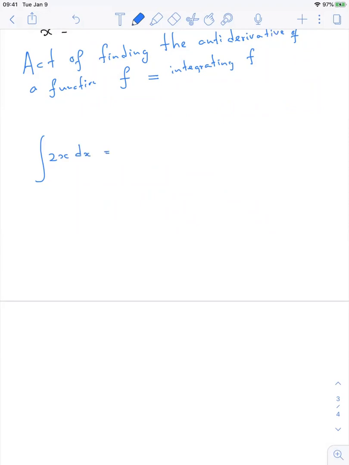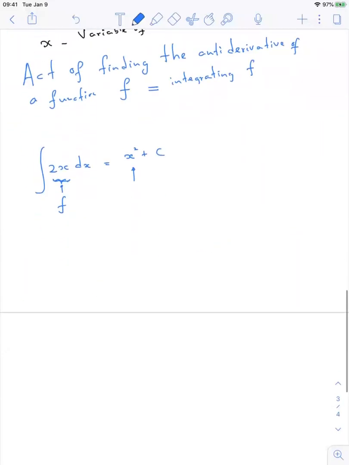So this is the function f, right? And the answer for this one is x squared plus c, and this is what we called F(x), right?